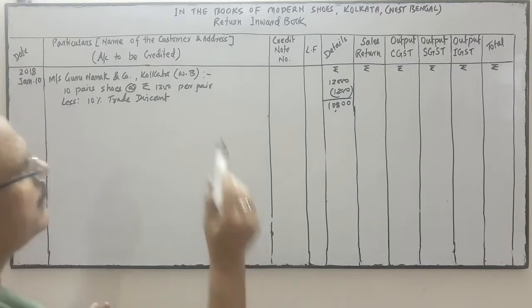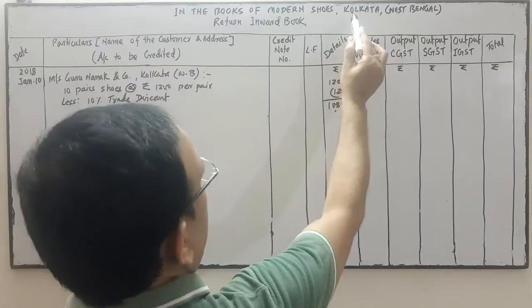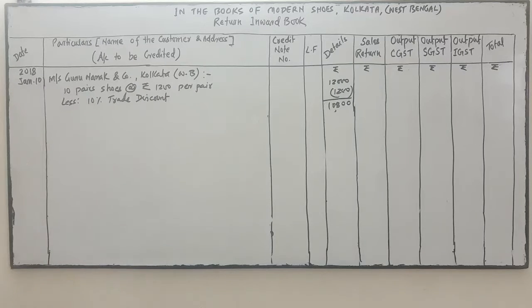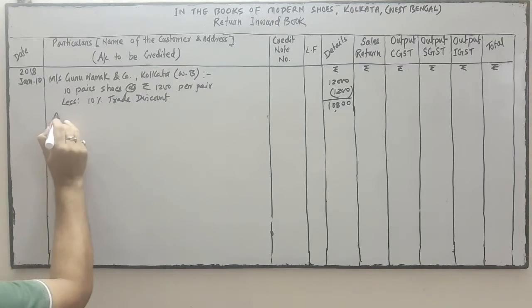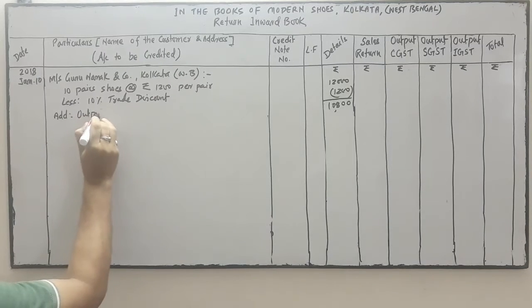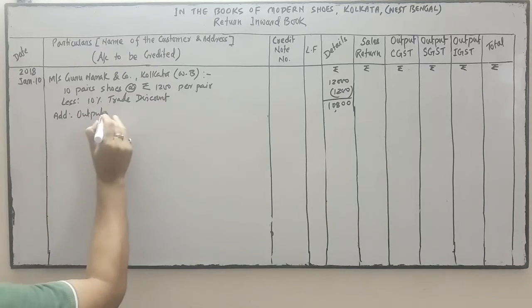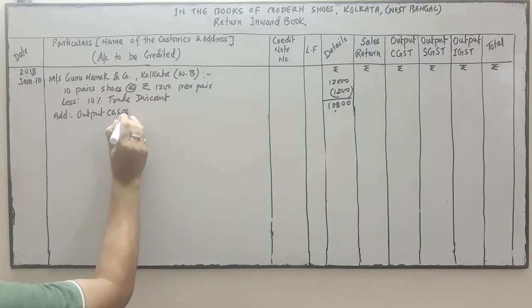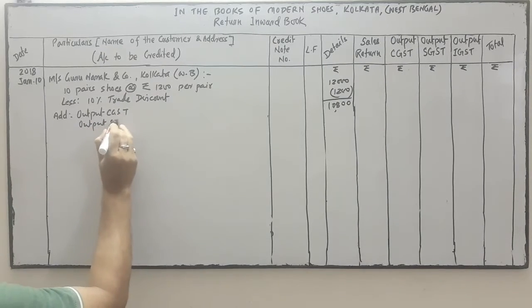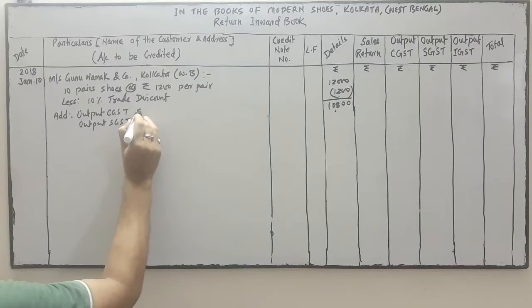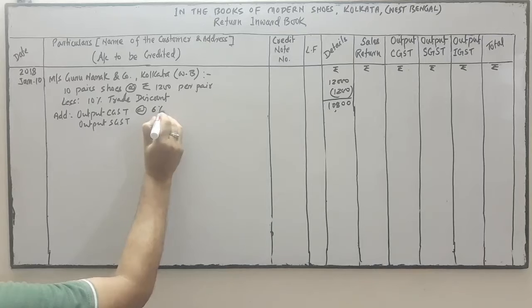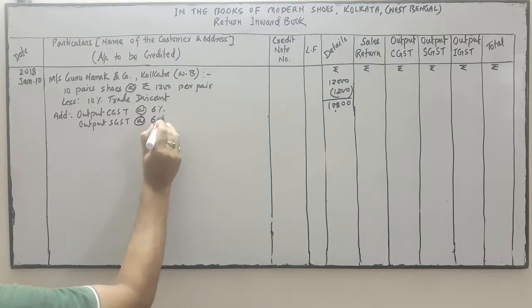Now as the seller is from Kolkata and the customer is also from Kolkata, we will add output CGST and output SGST at the rate of 6% and 6%.